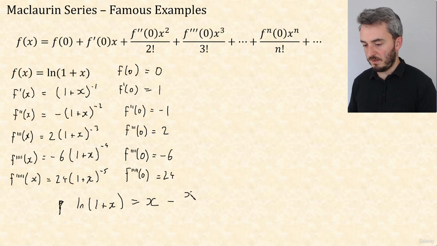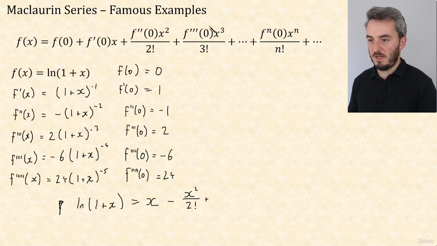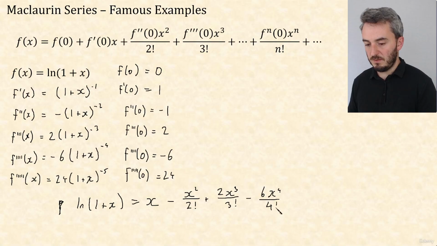Then plus 2 times x cubed over 3 factorial. Then minus 6 times x to the 4 over 4 factorial. Then plus 24 x to the 5 over 5 factorial, and so on.